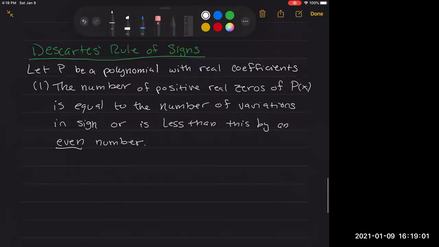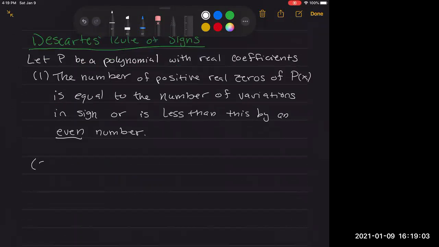And then 2, the number of positive, I'm sorry, we had positive before, of negative real zeros.